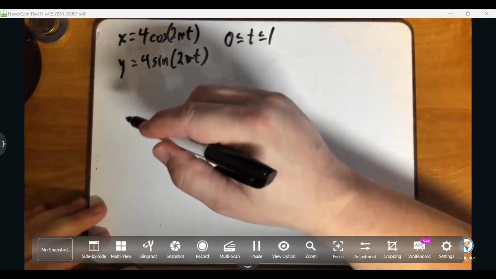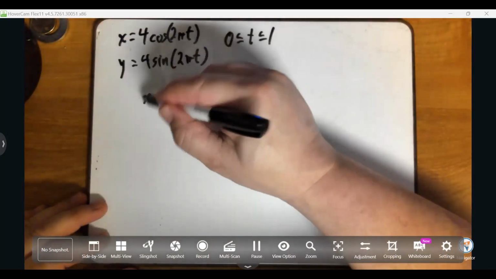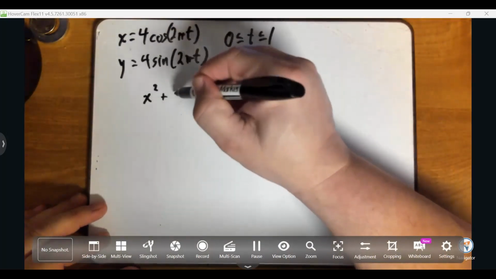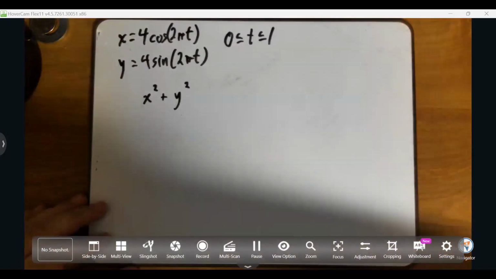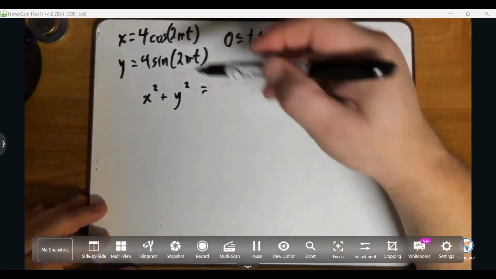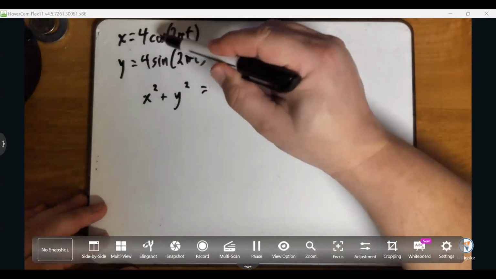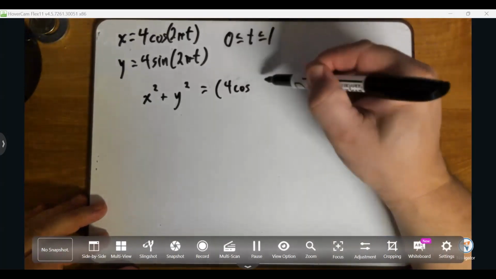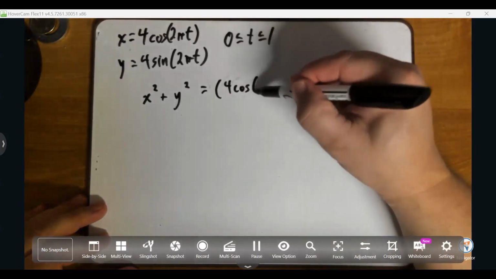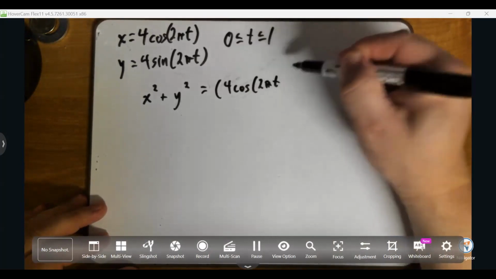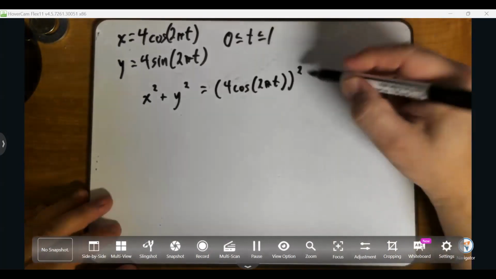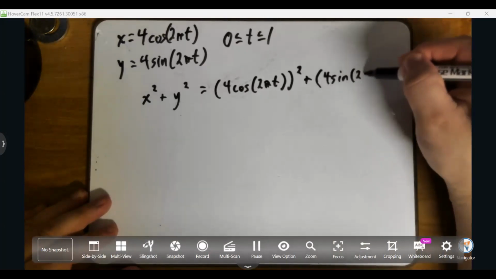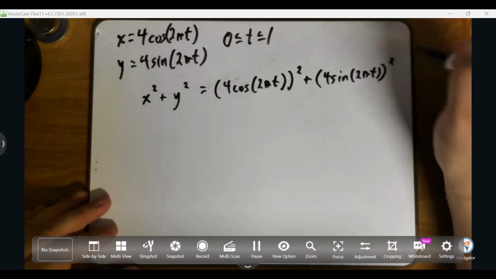So very often, eliminating the parameter might involve getting a little clever. And so the clever thing I'm going to do is say x squared plus y squared. Okay. Well, x of t and y of t are always going to be these things. And so I'm going to do 4 cosine of 2 pi t, squared, and then 4 sine of 2 pi t, squared.